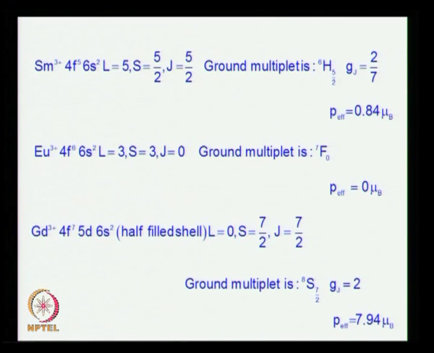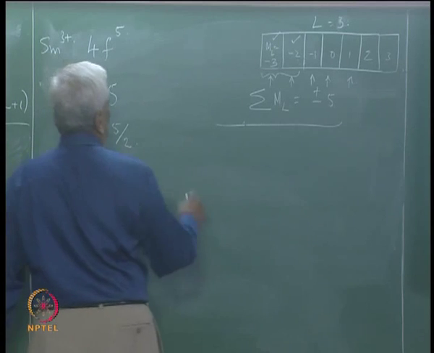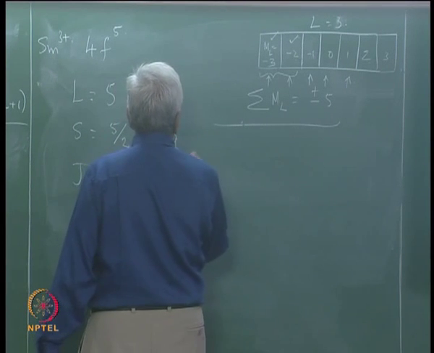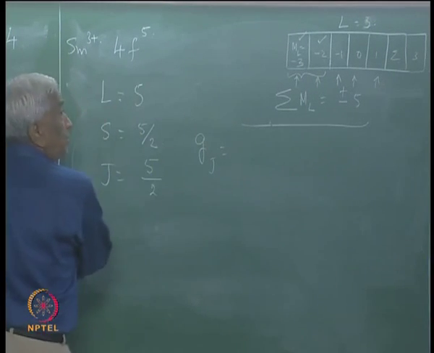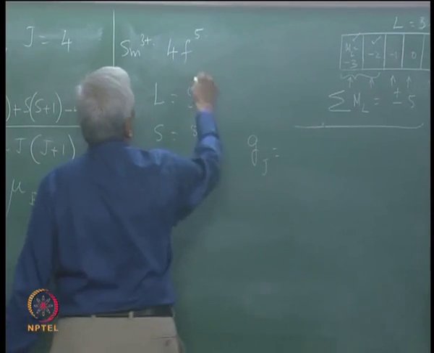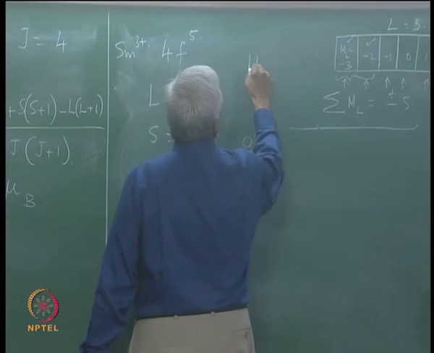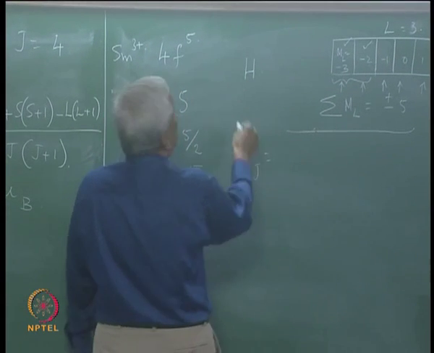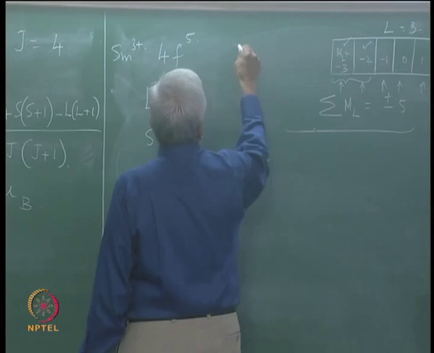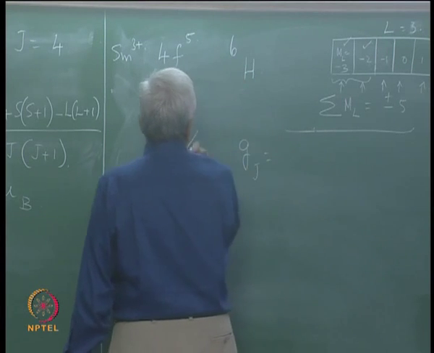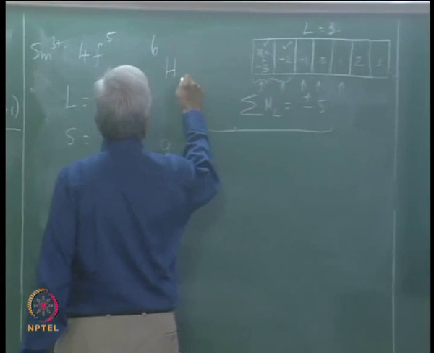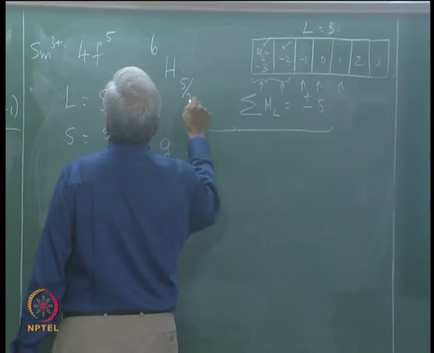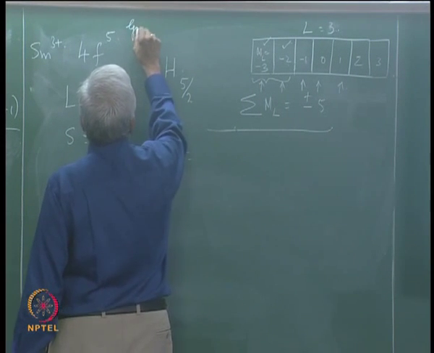Therefore, the J value is L minus S, which is 5/2, and the Gj has the value, the ground multiplet is represented by L equal to 5. So, it is again an H term with spin multiplicity 6 corresponding to a spin of 5/2 and J value of 5/2. This is the ground multiplet.